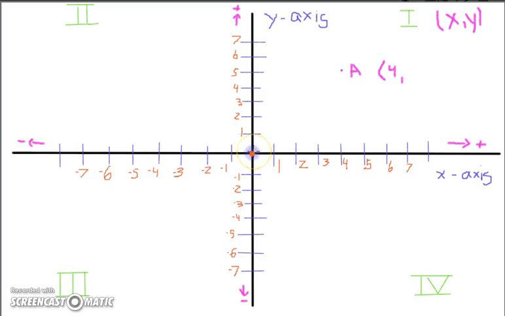Now we'll go back to the origin and we'll climb along the y-axis. 1, 2, 3, 4, and about 5. And so for our y coordinate, we will put in the number 5. Now, for the plotted point A, we know that the coordinate is 4 and 5.